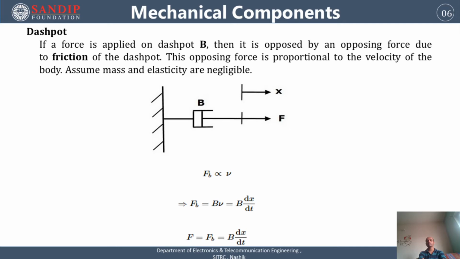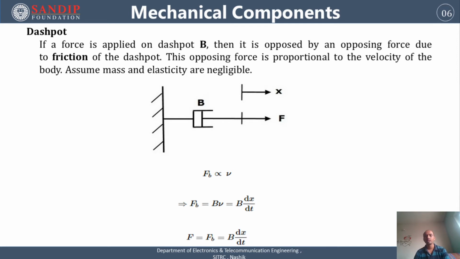It will oppose the force due to the velocity of that dashpot. Hence, assuming the mass and elasticity of the dashpot are negligible, the force applied on the dashpot is proportional to the velocity generated in that dashpot. Hence, F is directly proportional to V. F is equal to B into V, where B is the dashpot constant, its proportionality constant. Hence, F is equal to B into V.